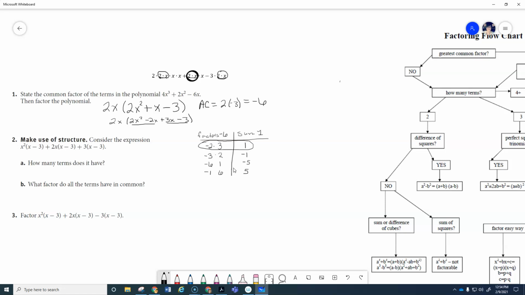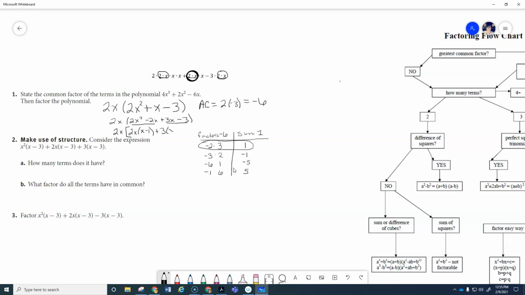Don't forget to leave that 2x there in front. So this group right here, let's not get this confused. I'm going to put a little bracket there. This group right here, it looks like you can factor out a 2x. And if you factor out a 2x from there, it leaves you an x and a negative 1. This group right here, it looks like you can factor out a 3.